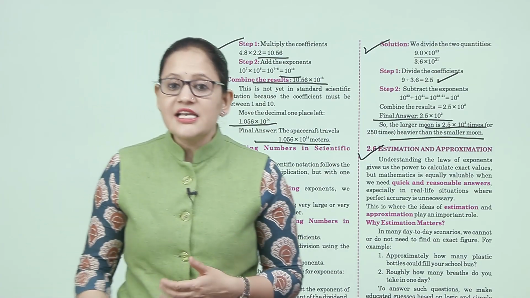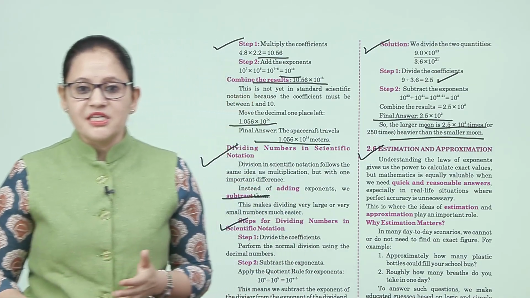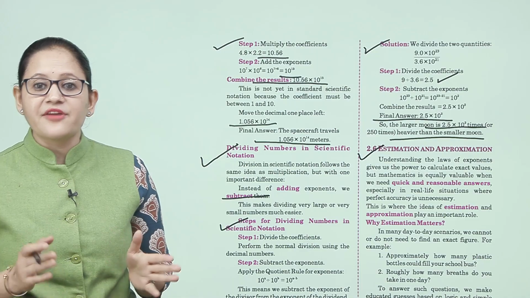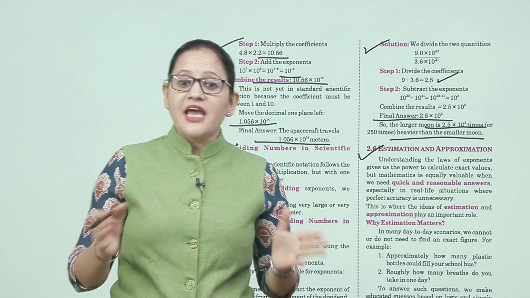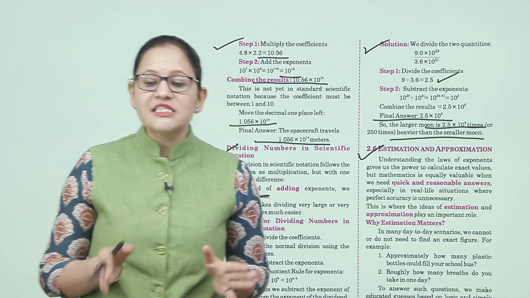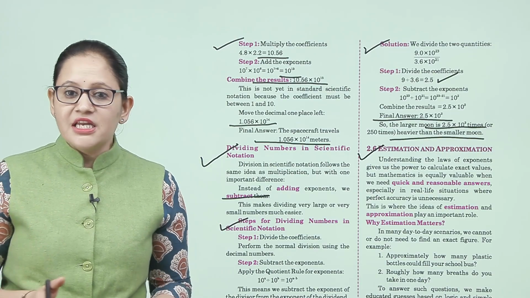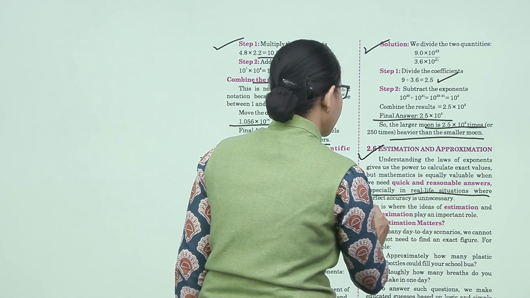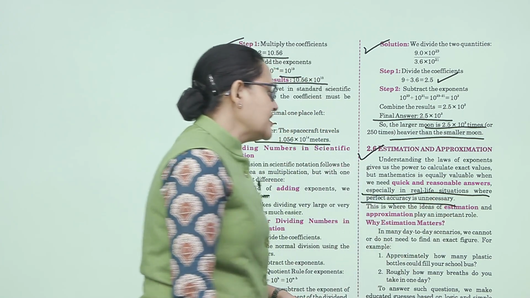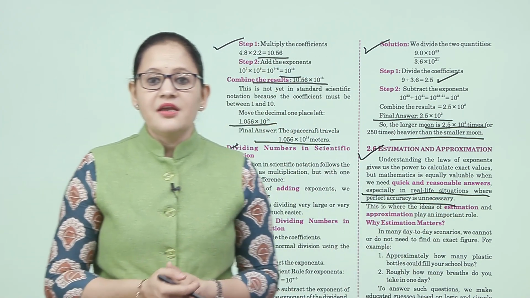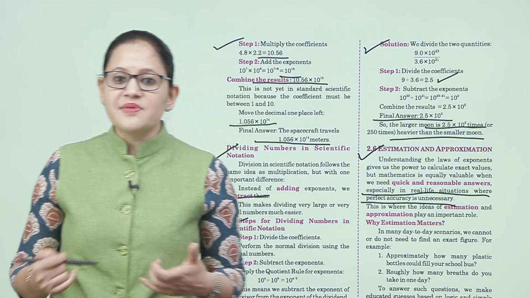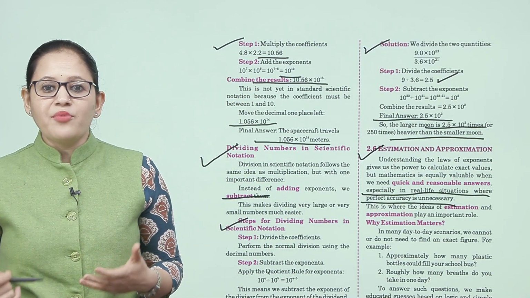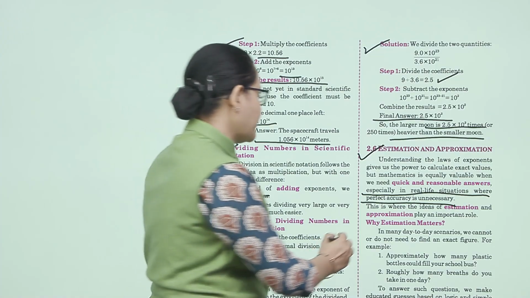Now, estimation and approximation. Understanding the laws of exponents gives us the power to calculate exact values, but mathematics is equally valuable when we need a quick and reasonable answer, especially in real-life situations where perfect accuracy is unnecessary. This is where the idea of estimation and approximation plays an important role. Why does estimation matter?